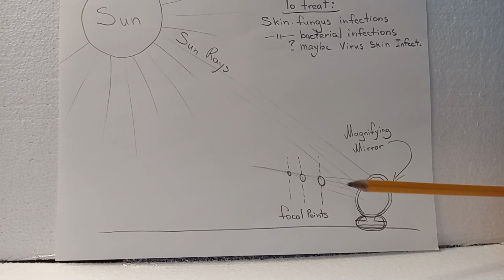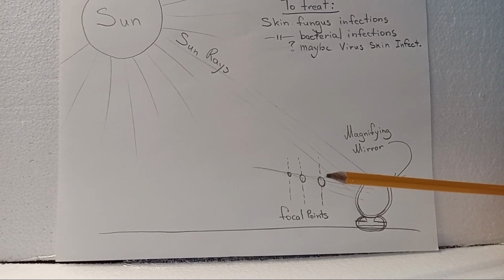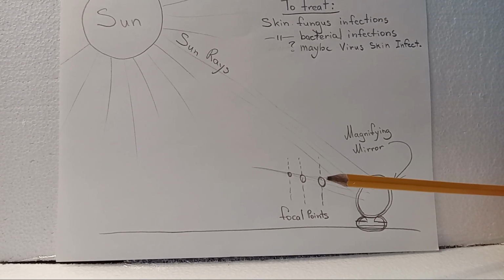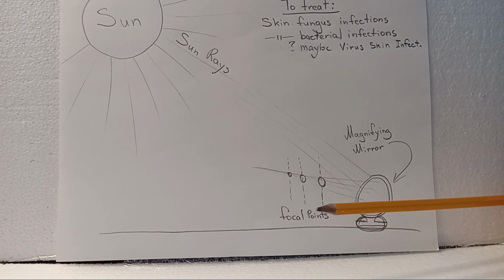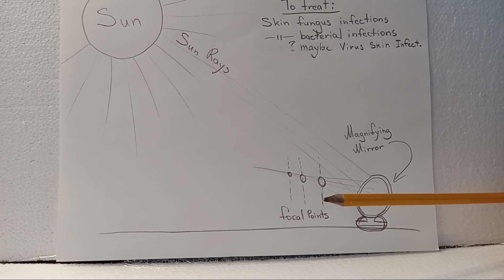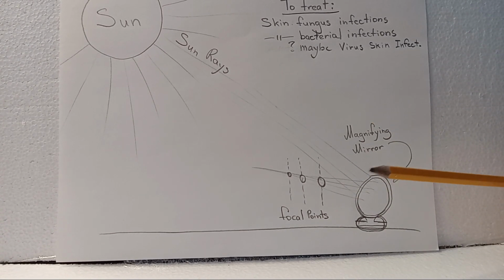So what we're going to do is expose our feet at this area right here, and move our feet as it heats up one spot. As it heats up one spot, we move it farther, and then we basically treat the whole infected area within a few minutes of treatment.